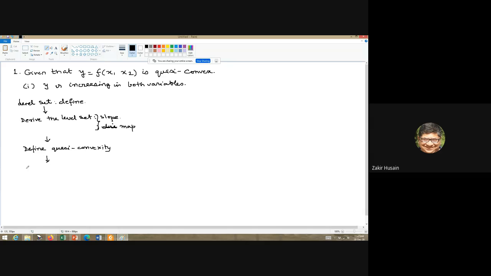Then, using this concept, find out the curvature of y. Okay. So these are the steps that you should follow.